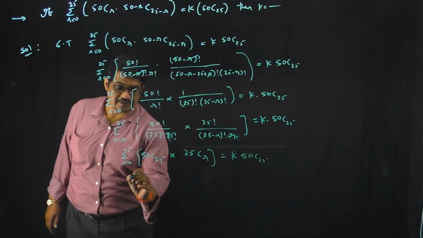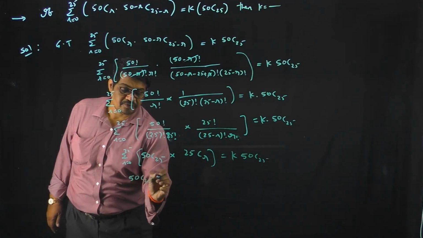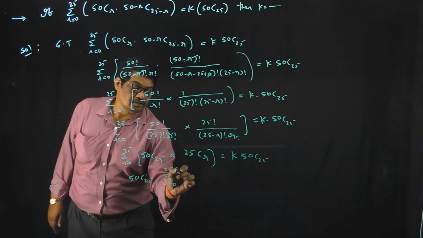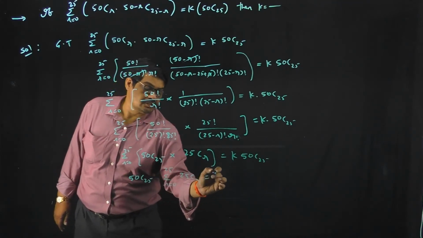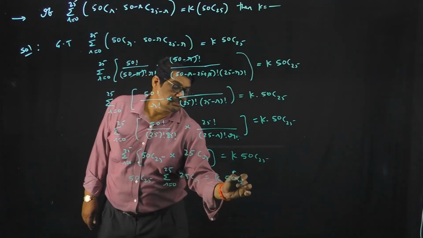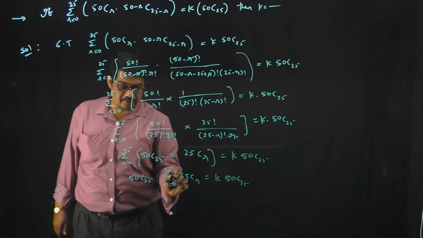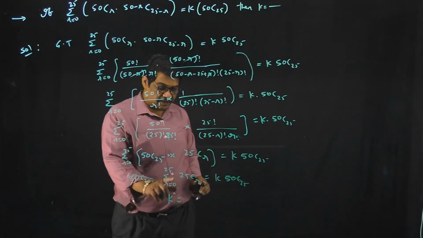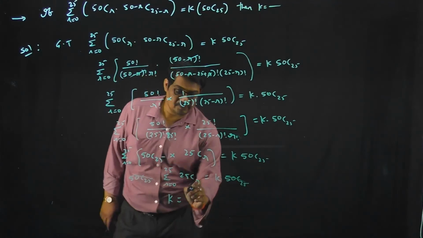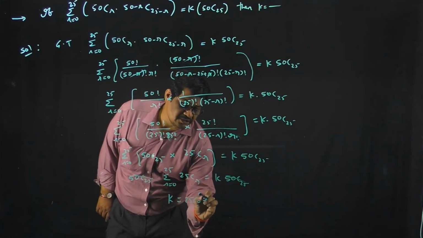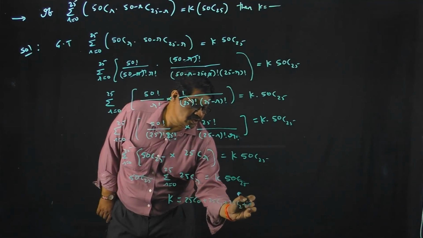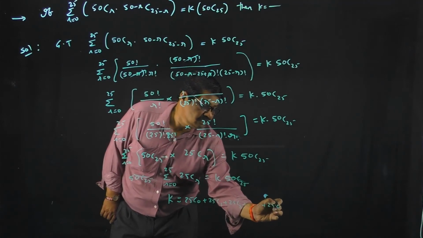That can be written as the constant 50C25, sigma r equals 0 to 25, 25Cr, is equal to k into 50C25. 50C25 will be cancelled. So here k is equal to, now expanding r equals 0 to 25, that is 25C0, 25C1, 25C2 and so on, 25C25.